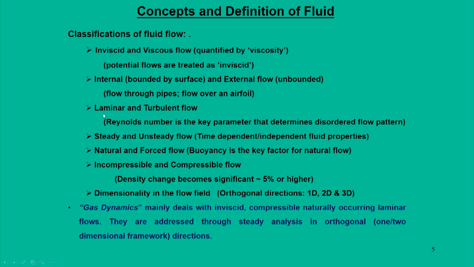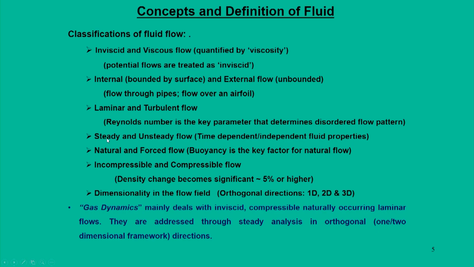The third category is laminar and turbulent flow. When the flow happens in an organized manner, we call it laminar flow, and turbulent flows are characterized by disordered flow patterns. Reynolds number is the key parameter that decides the nature of laminar or turbulent flow.